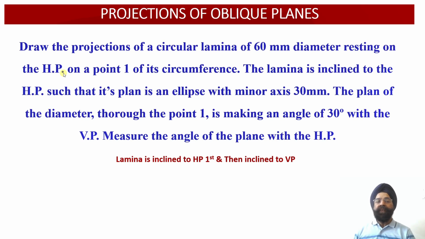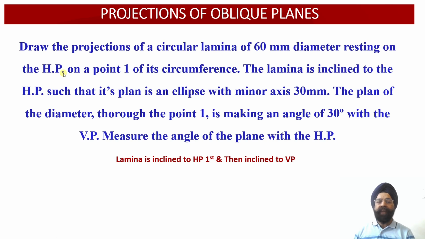So here we are going to obtain the true shape of this circular lamina onto the horizontal plane, that is in the top view. And this top view true shape projection will be drawn below the XY reference line.